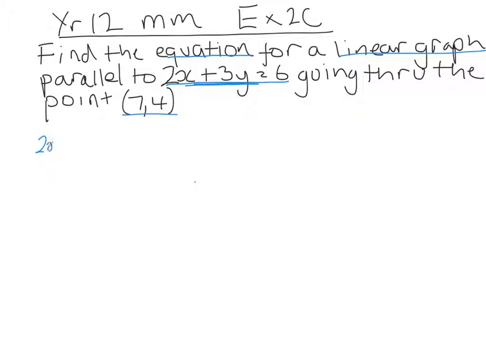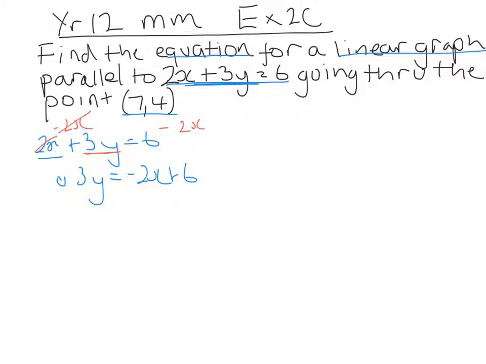So if we have 2x plus 3y equals 6, what we can do is take the 2x across to the other side, so I'll end up with 3y is equal to minus 2x plus 6, and I did that by minusing 2x on both sides. Now 2x minus 2x cancels out and just leaves the 3y on its own.